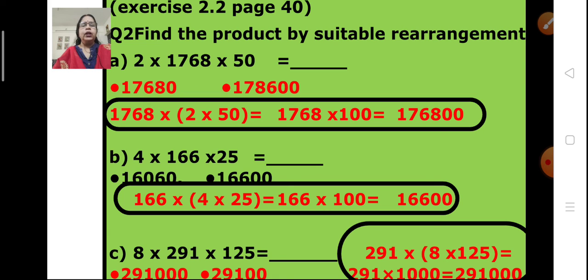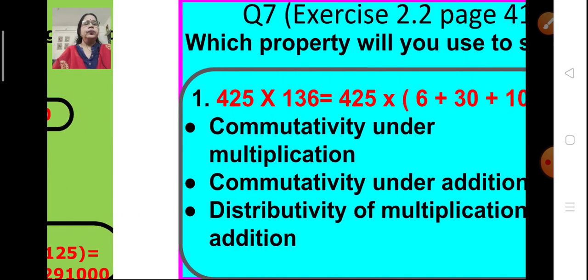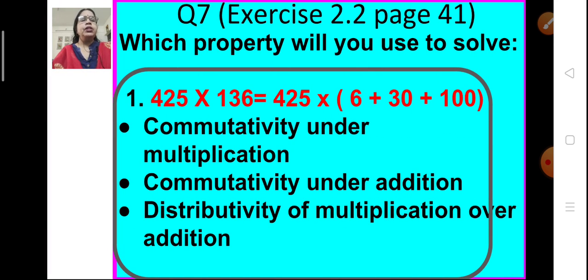What do we get? 1000, by multiplying 125 and 8. Multiplying 291 by 1000 is very simple. We can add 3 zeros at the end of the number 291, and we get 2,91,000 as the result.